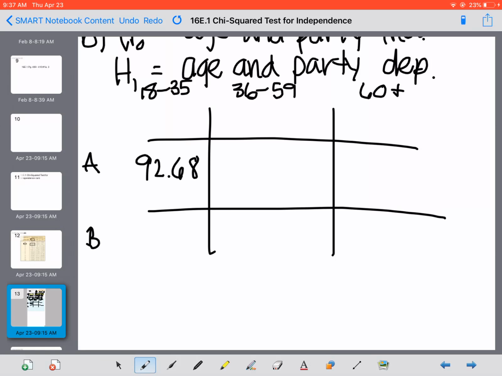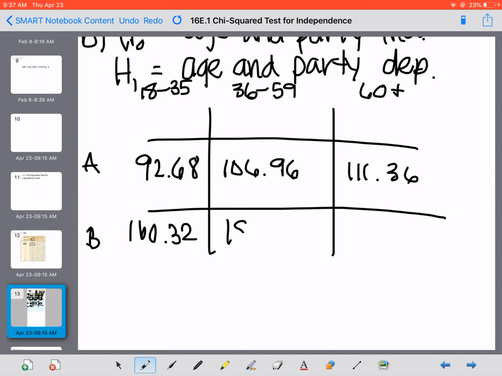Then 311 times 292 divided by 849 gives 106.96. You continue to do that, and these are the values you get: 160.32, 185.04, and 192.41. So that table right there is my expected.